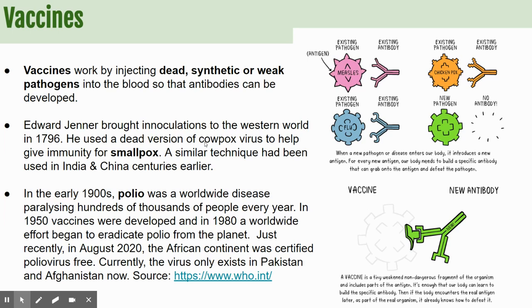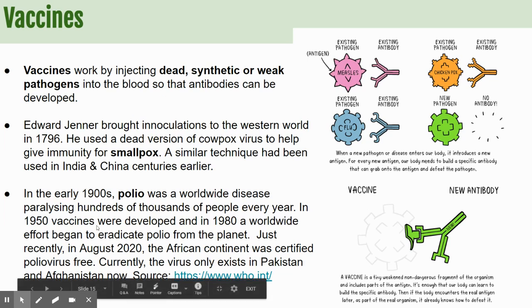And then the people would make antibodies to cowpox, which I guess is similar enough to smallpox that if you got the smallpox, came into your body, you'd have the antibodies to cowpox, which were close enough to smallpox to be able to fight off smallpox. Anyways, so the idea is inject a dead or weakened pathogen into your blood, and your body builds up the immunity by building antibodies so that you can protect yourself really quickly.